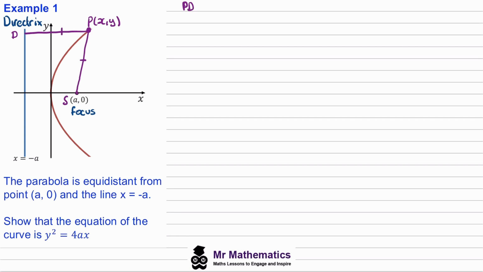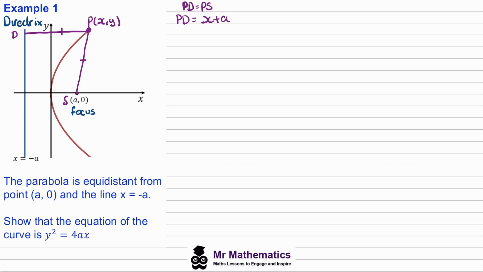So PD will equal PS. Well, we can work out PD because this is a straight line from P to the directrix. This will be our x value from the y-axis to the point, plus from the y-axis to the directrix, which is a, given here. So we know that PD is of length x plus a.